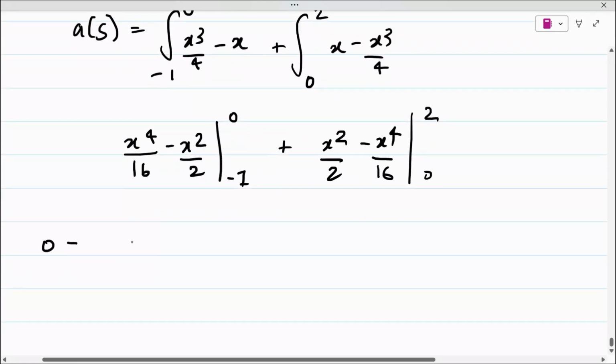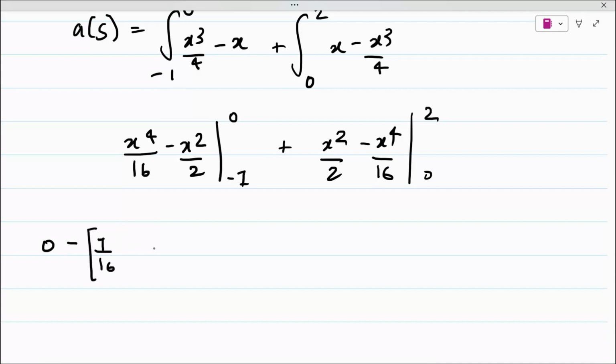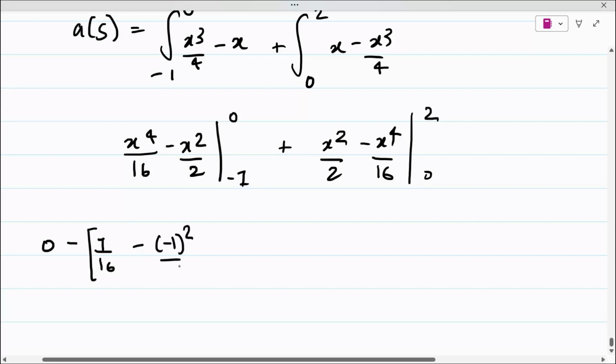So this is 0 minus 1, which is 1 itself, and also this minus into minus, so we just put that here, right? Minus 1 squared by 2.